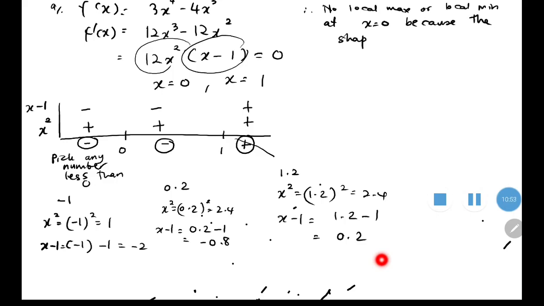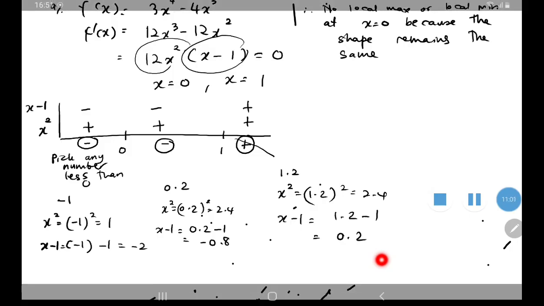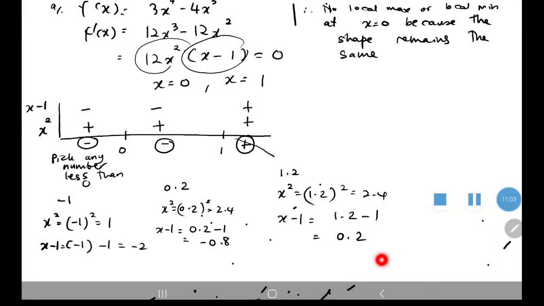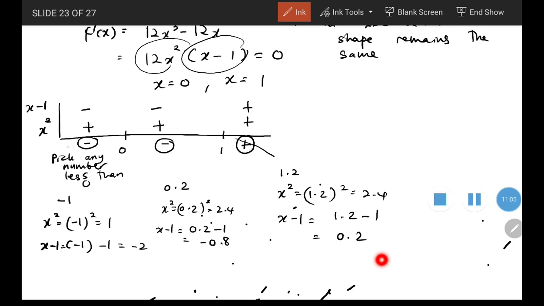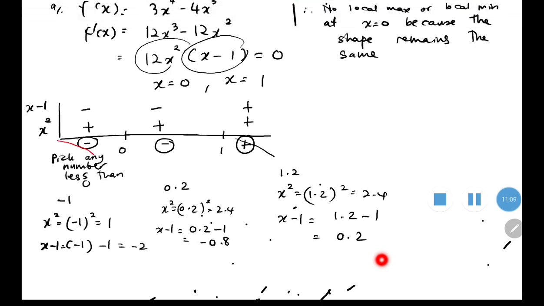What shape? This shape. Okay, let me show you. When the value is negative, it is decreasing from less than 0, and then again it is decreasing from 0 to 1.